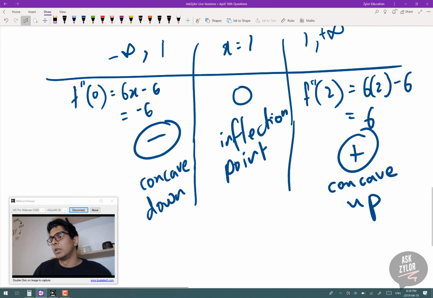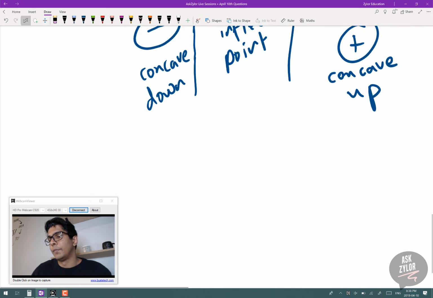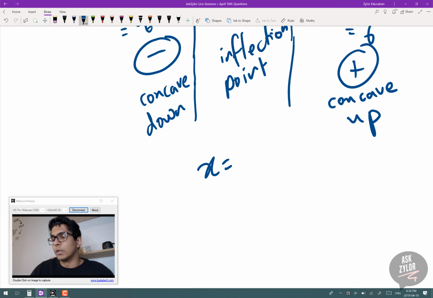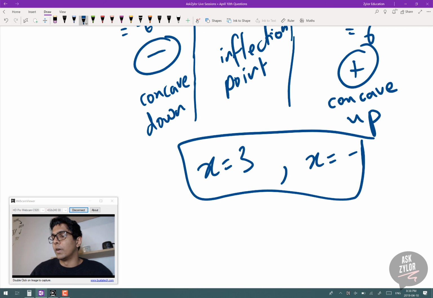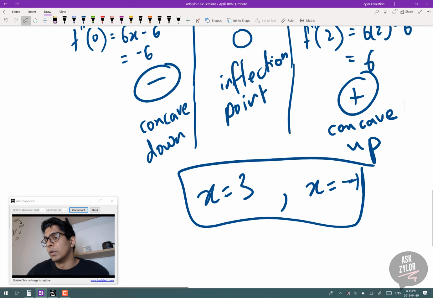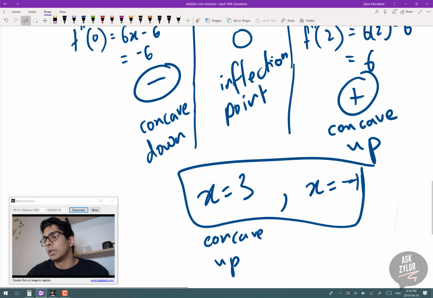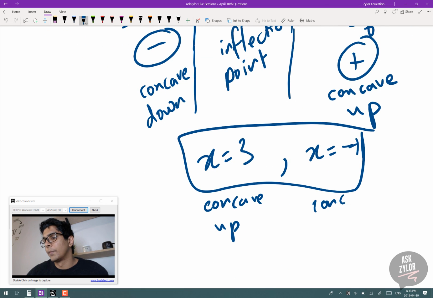My critical points, if I look back, are 3 and negative 1. So x is equal to 3 and x is equal to negative 1. If I evaluate those points on this table, 3 is greater than 1, so it's going to be concave up, and negative 1 is less than 1, so it's going to be concave down.